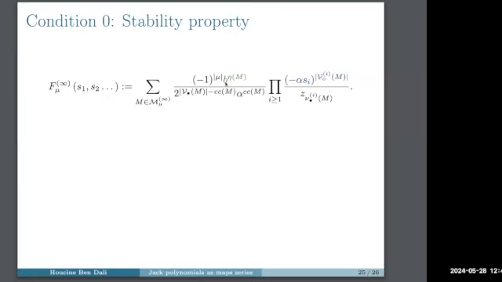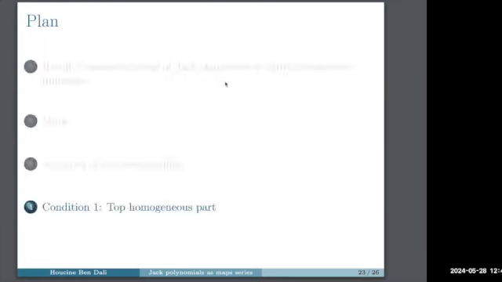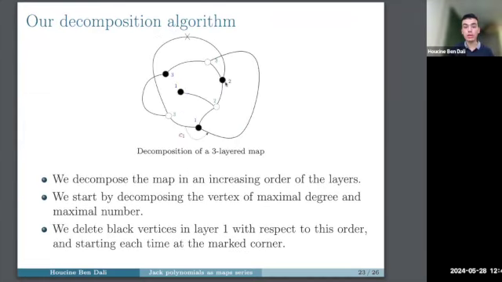Can I just ask a question, if you don't mind? Yes. So you explained how to delete the vertices, but what you were really looking for was to give some ordering on the edges. Did you explain that? Yes, yes. So when I say that we are deleting the edges, this means that this is the first edge, because this is the first one that we delete. And then this one is the second one, because this is the second one we delete.